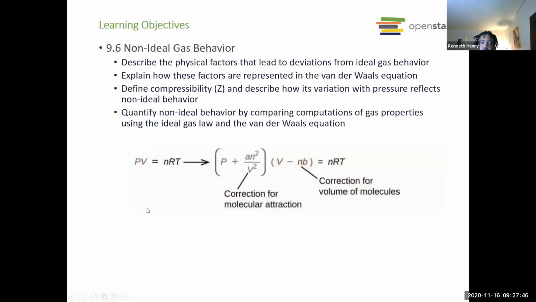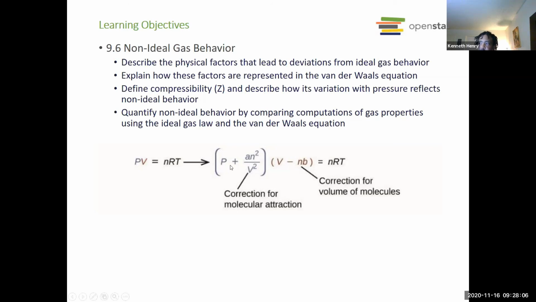Okay, so non-ideal gas law. This basically is the formula for that. This is the ideal gas law. This is the non-ideal gas law. So the non-ideal gas law actually corrects for those attractions, those intermolecular forces, van der Waals effects. So these are just the corrections for that.